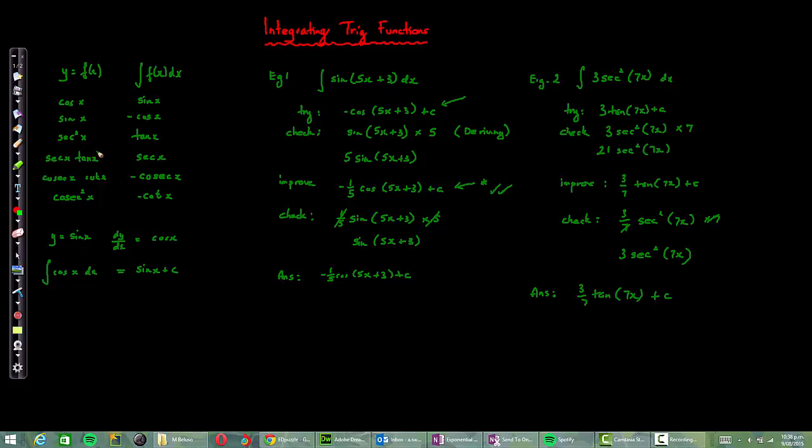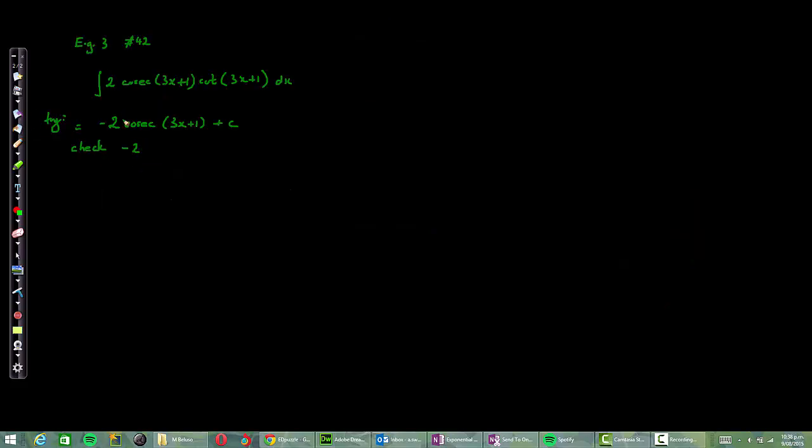If I go back to our table in the book, what was the derivative of cosec? Negative cosec cotan. So when you derive it, it should become positive then 2 cosec(3x + 1) times cotan(3x + 1), and then the chain rule kicks in as well, times 3.